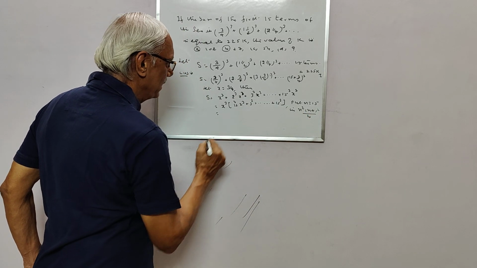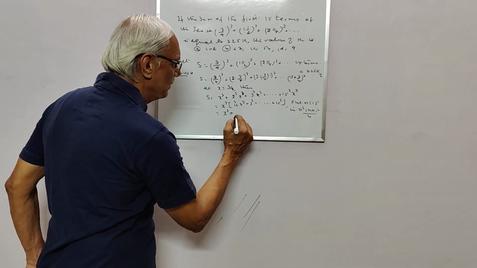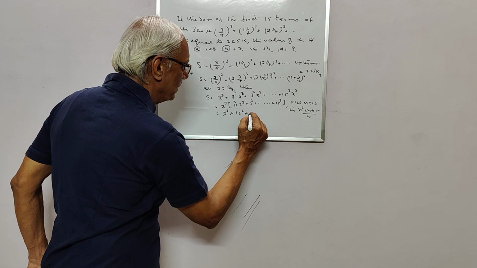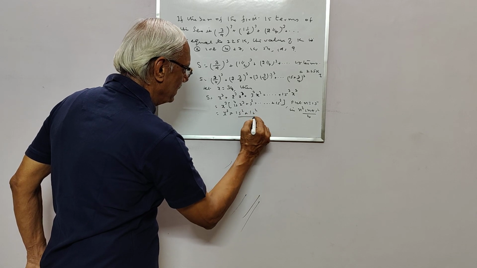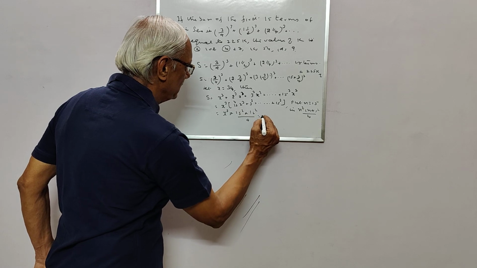So what will you get here? It is 15 squared into (15 plus 1, which is 16) squared, divided by 4. Let me do this simplification.